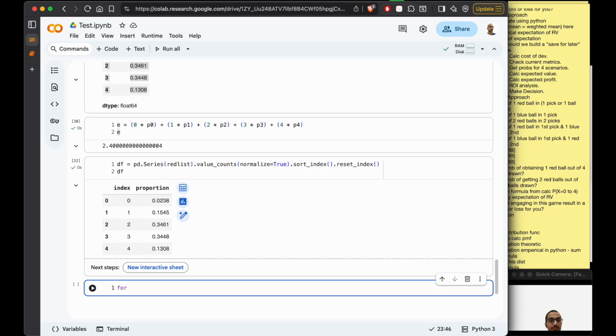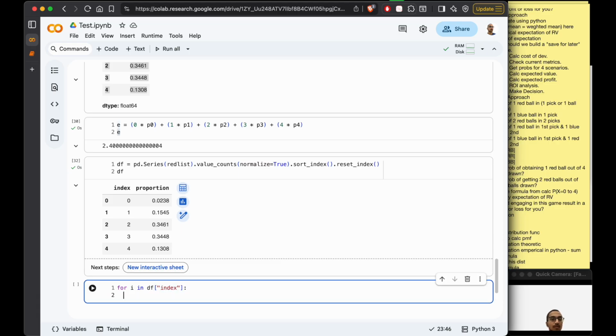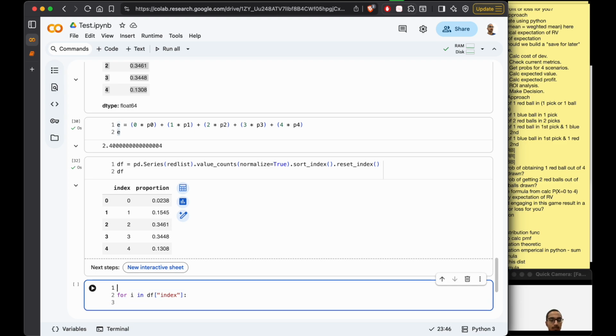Now for I in df dot index list, what I will do is, this is going to be the empirical expected value.